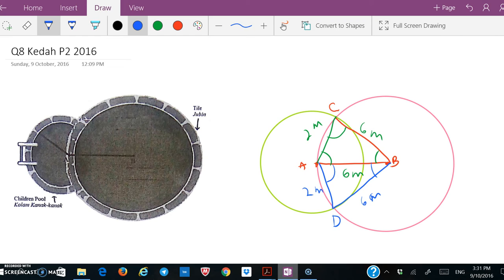So there won't be any problem finding the circumference of the adults' pool, but you have to work on how to find the angle subtended to form the length of arc for the children's pool.